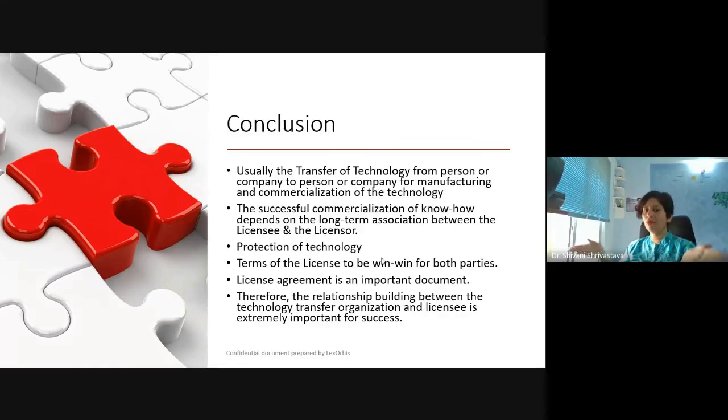So when they both collaborate, they can successfully manufacture and commercialize the product in the market. That's why the relation between licensor and licensee is very important. If they are working together, they would be able to successfully commercialize the product. And all these things obviously depend on the license agreement.